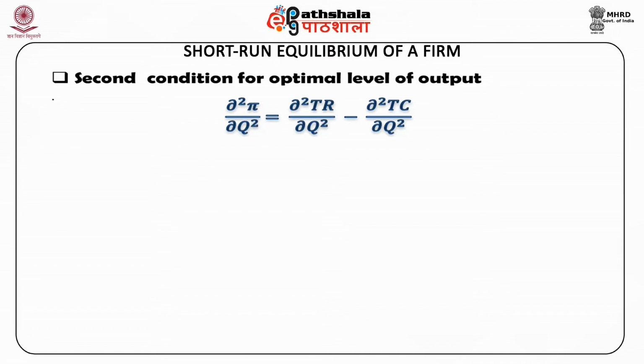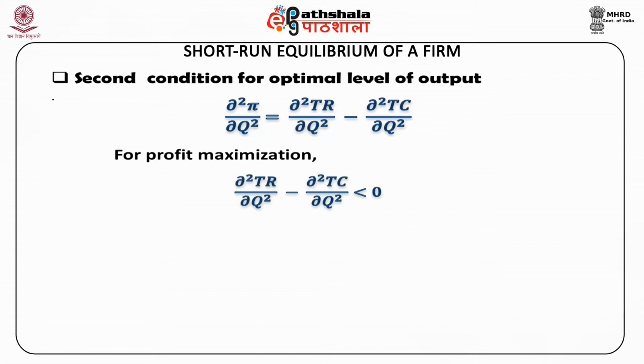This must be negative for the profit function to be maximized. That is, delta square total revenue divided by delta Q square minus delta square total cost divided by delta Q square should be less than 0.